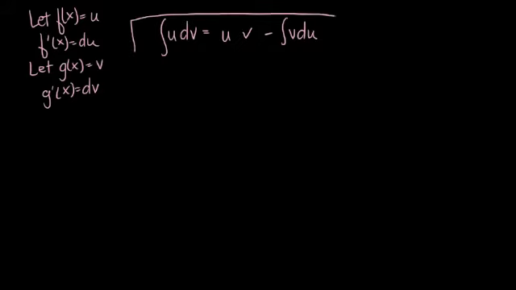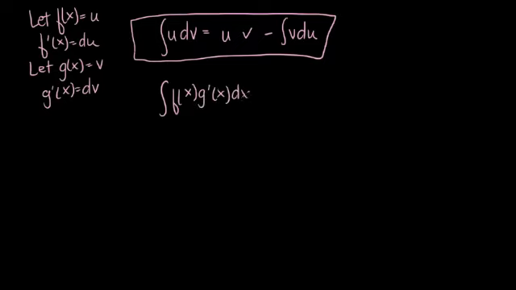This is the exact same formula as we derived earlier, which was the integral of f of x g prime of x dx equals f of x times g of x minus the integral of g of x f prime of x dx.